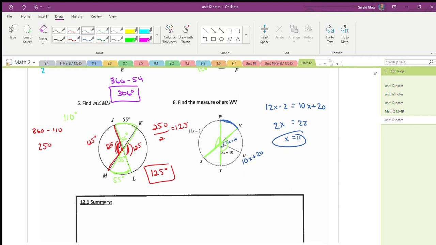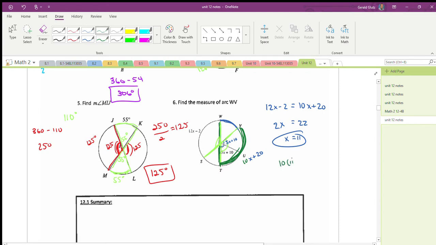So let's use a different color here. We got a semicircle going all around here. This is a semicircle. This is also a semicircle. I know I have a lot of markings on here, but now I can find this angle right here, or this arc, because I know what x is.